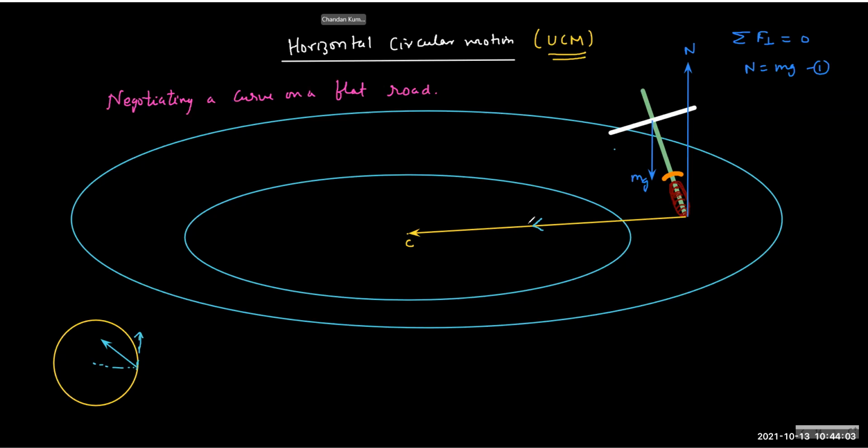Tell me why you're saying it's kinetic. A wheel never skids on the surface. When you ride a bike or drive a car, the wheel always rolls on the surface, and unless you rub the surface, there is no question of kinetic friction.